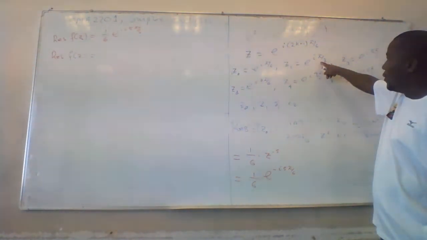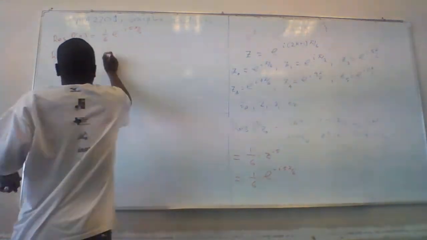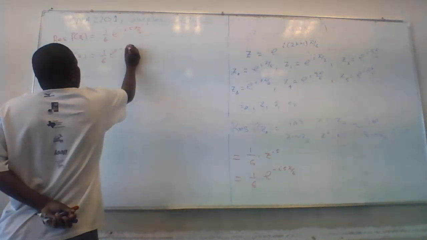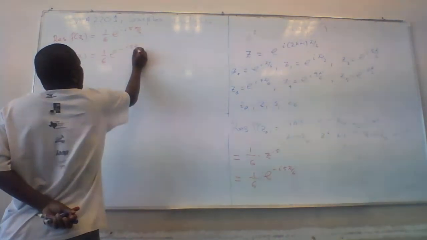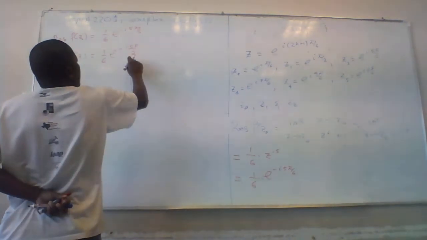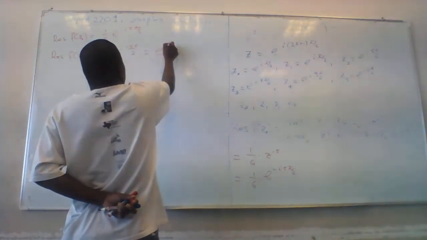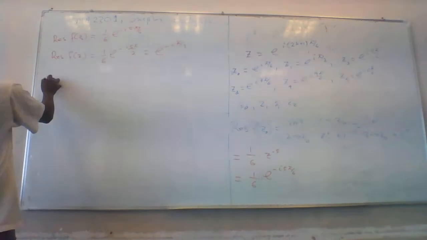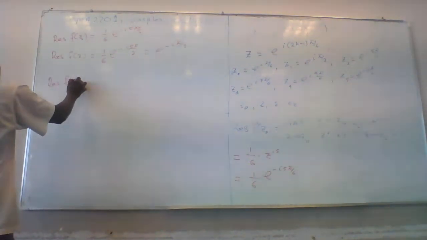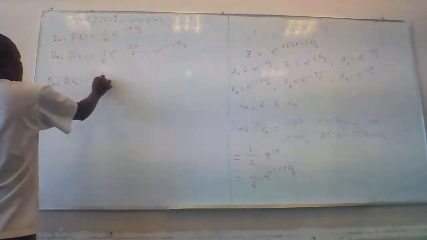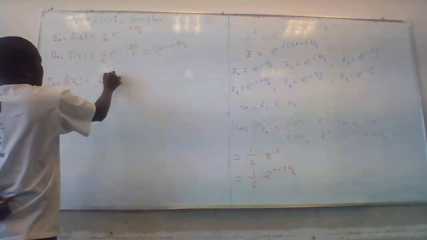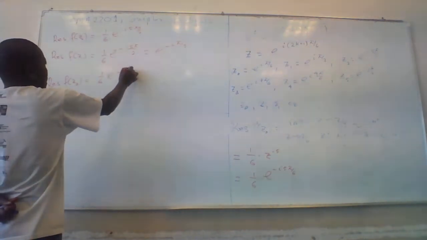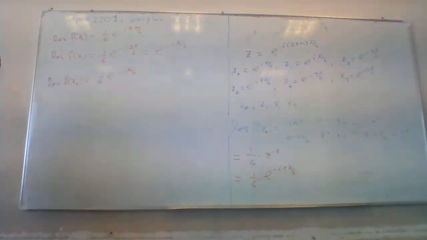This residue is 1 over 6 e to the minus i 5 pi over 2, but this is nothing but e to the minus i pi over 2. And then the residue of f at z2 is 1 over 6 times e to the minus i pi over 6.